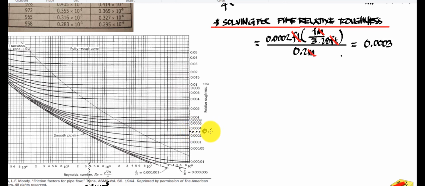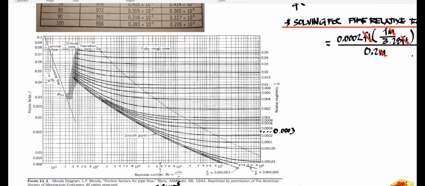So we have 0.0003 for that one. Now you can see the path line going there. If I want to project this, the line will usually run like this, so I'm doing the dotted line.